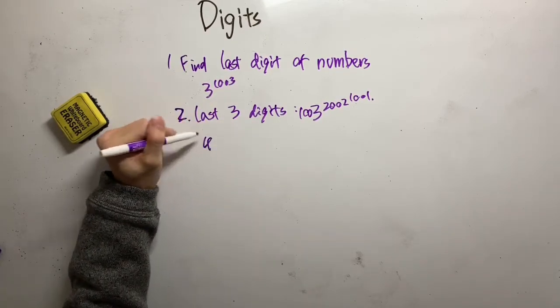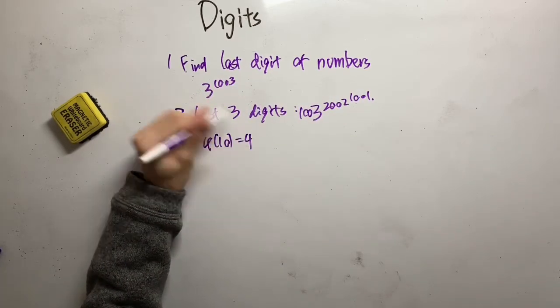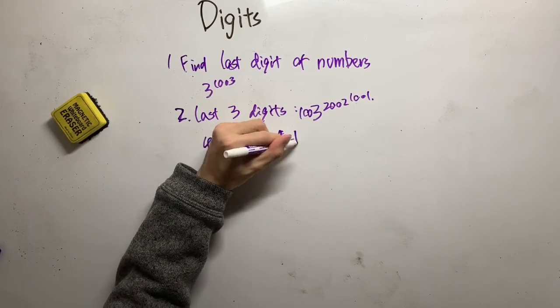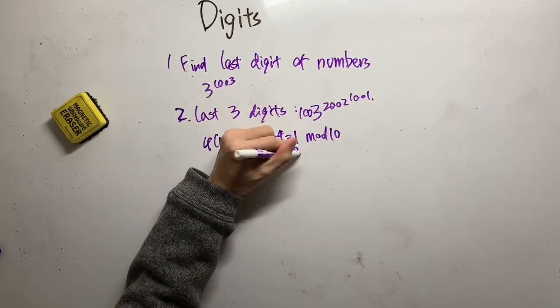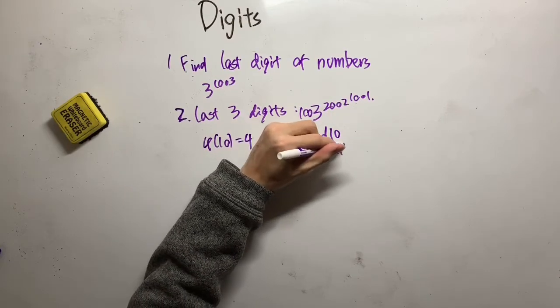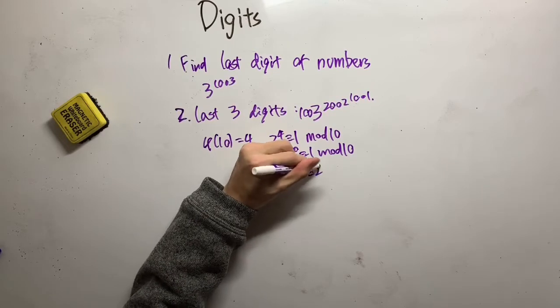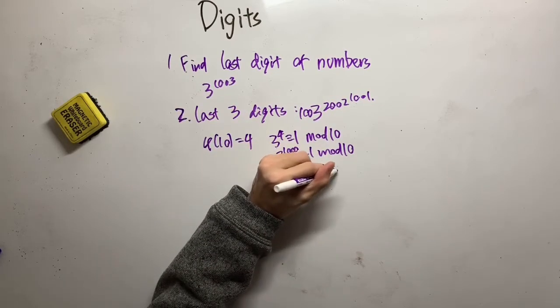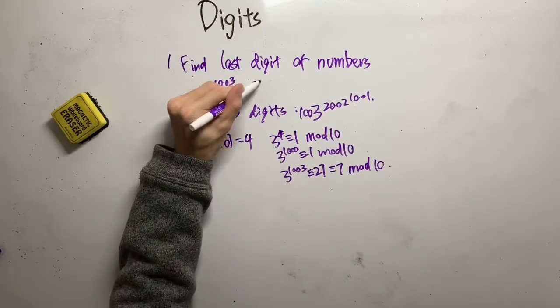To find the last digit, we use phi of 10, which equals 4, and 3 to the 4 is congruent to 1 mod 10. Thus, 3 to the 1000 is congruent to 1 mod 10. We have 3 to the 1003 is congruent to 27, which is congruent to 7 mod 10. Thus, the first answer is 7.